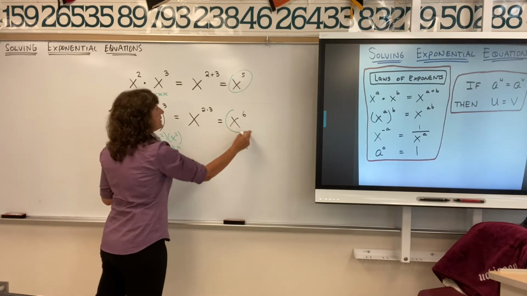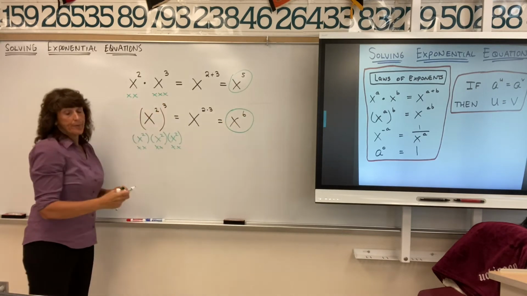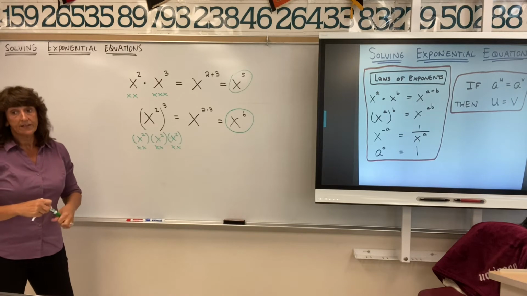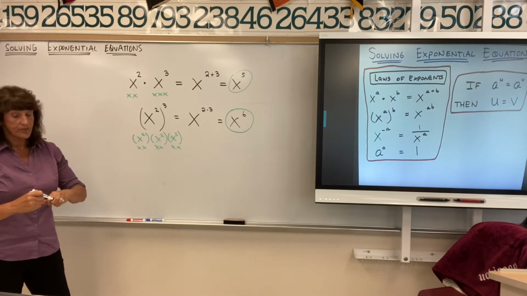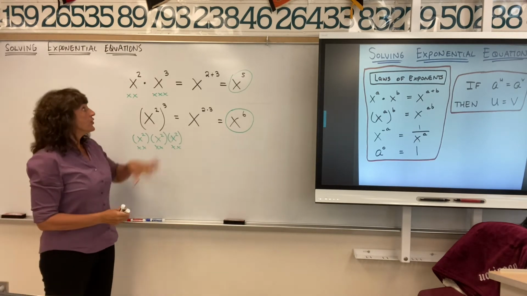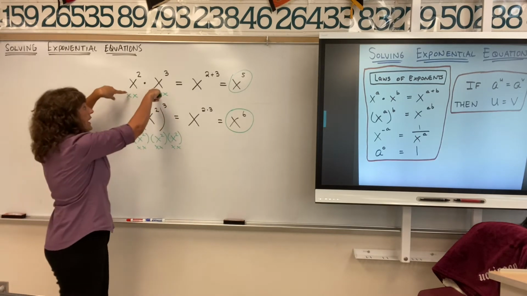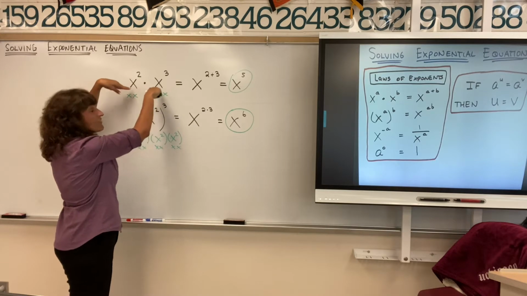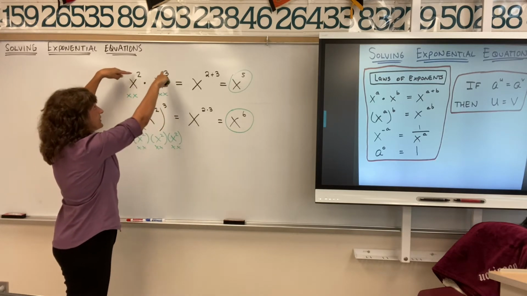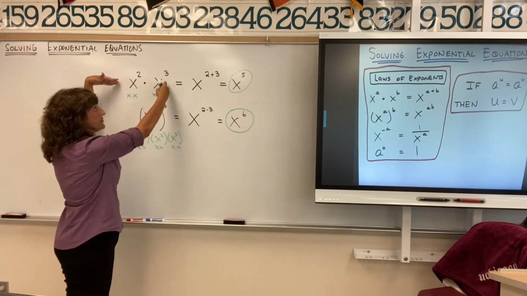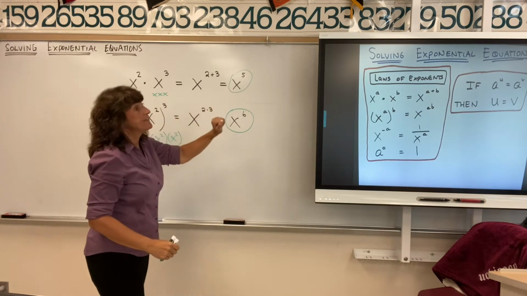So anytime you raise a power to another power, that's when you want to multiply the exponents. When we're solving exponential equations, we want to make sure that we've got these rules down. If you have the same base with different exponents being multiplied, you keep the base and add the exponents.